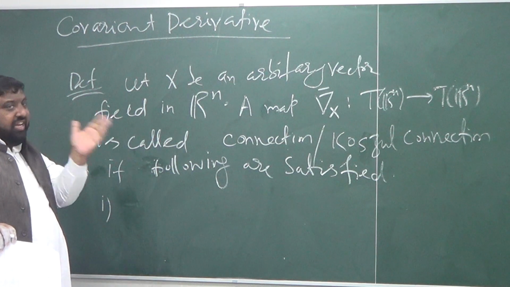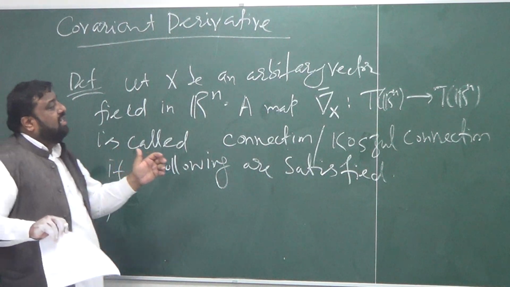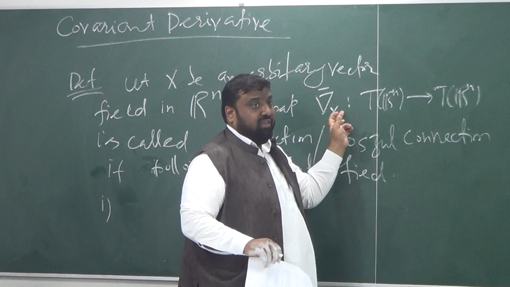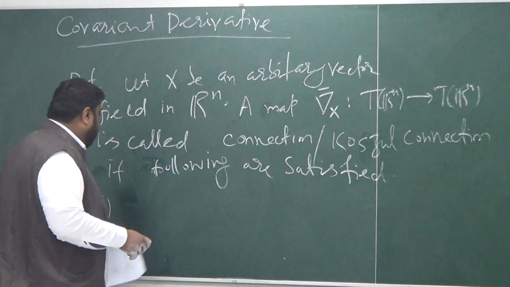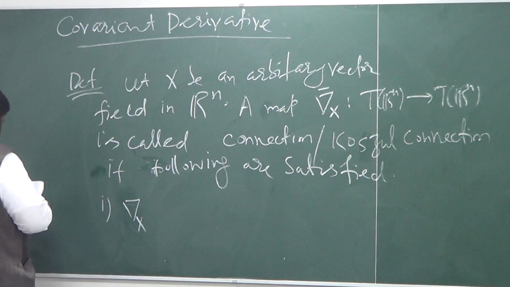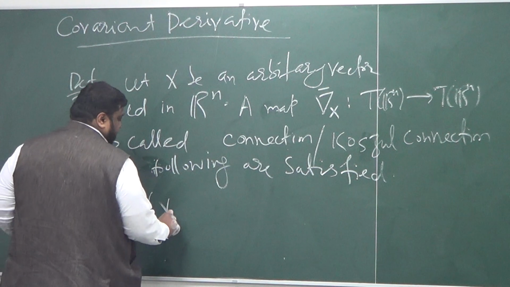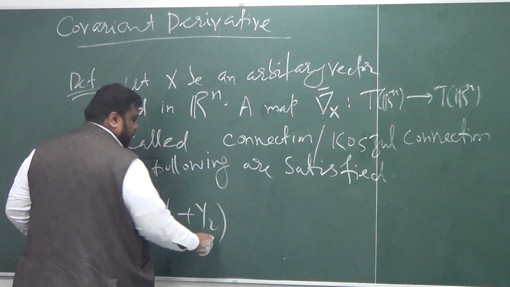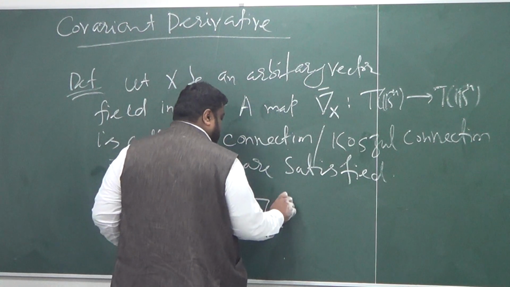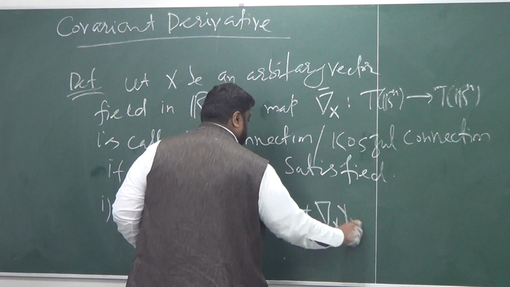It must be linear with respect to the vectors on which this operator is operating. So in other words, if I have del X of some vector field Y1 plus Y2, it should give you del X Y1 plus del X Y2.